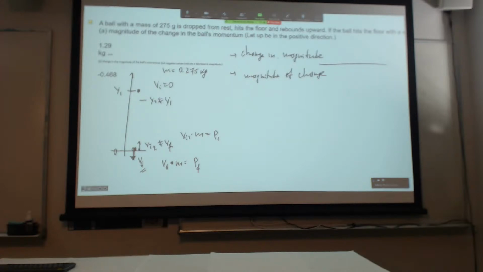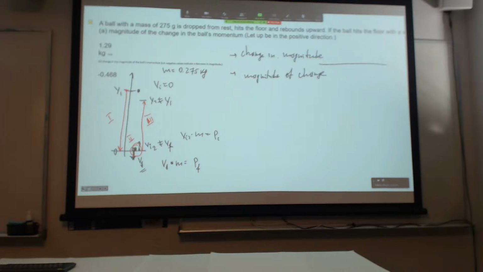Now the problem with this problem is it has three different problems. First you have falling down, then you have collision, and then you have moving up. 1, 2, 3. And the time runs ahead and ahead, doesn't stop ever. So for the first process, the initial time is assigned to the initial location of the ball.